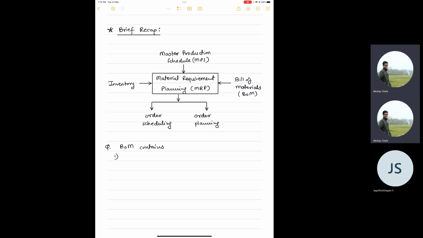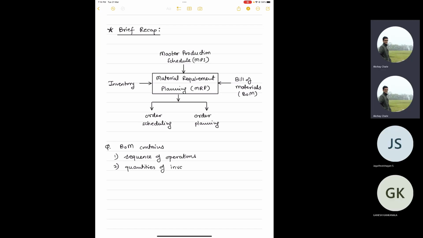Yeah, BOM contains the sequence of operations to produce that product. Second, quantities of involved raw materials.